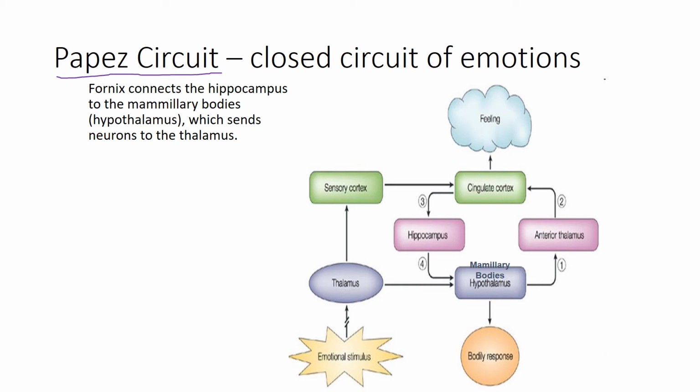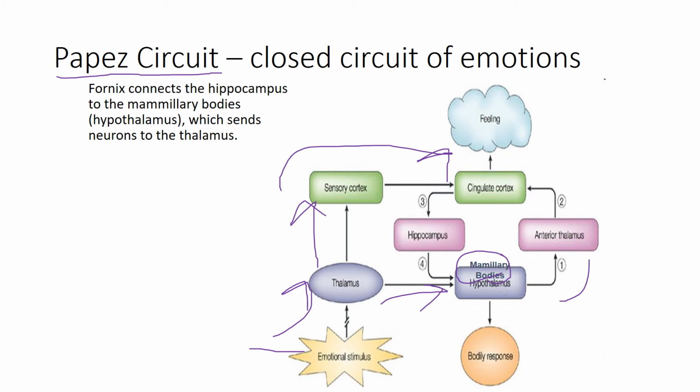When we have some type of emotional stimulus, this is going to activate first our thalamus. The thalamus then sends impulses to the sensory cortex as well as to the hypothalamus, primarily within the mammillary bodies. Then we'll have activation of the cingulate gyrus of the limbic system, and then the hippocampus.